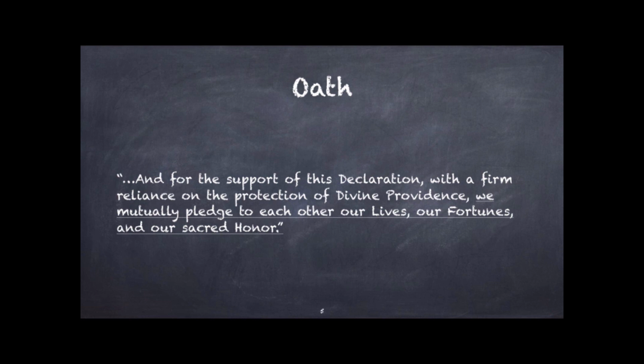And for the support of this declaration, this is at the end of the declaration, by the way, with a firm reliance on the protection of divine providence. Who is divine providence? God. Notice how they will use different names, just like the Hebrews do. The Hebrews have, I think, if I ain't mistaken, 13 different names for God, depending on what function he serves.